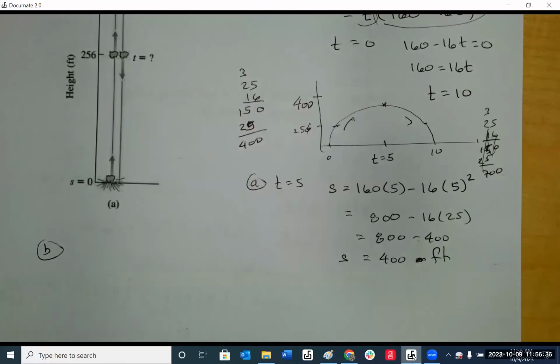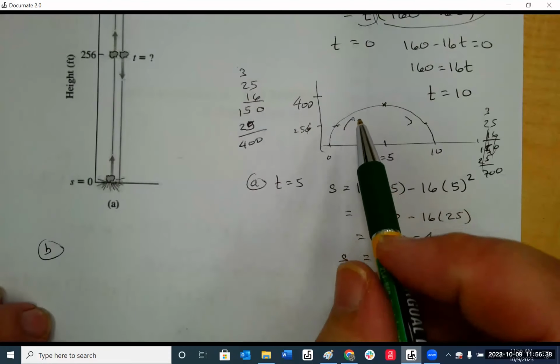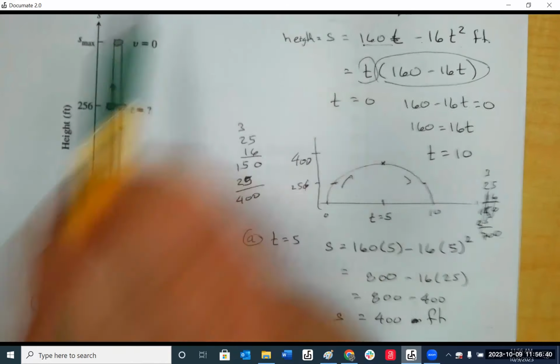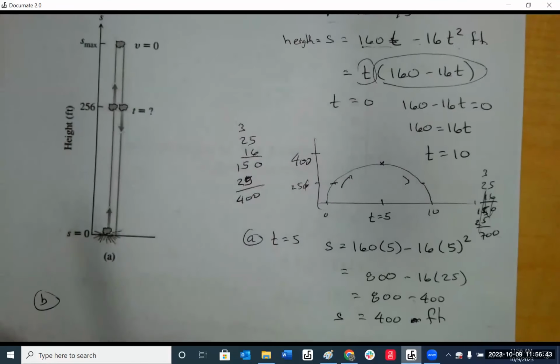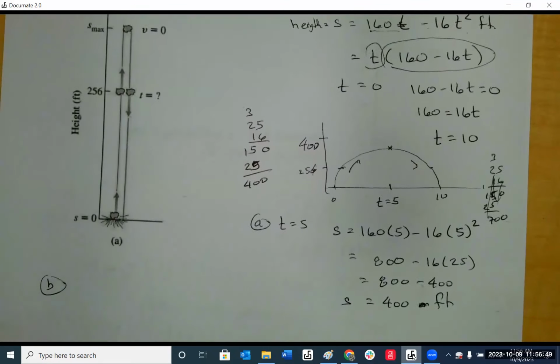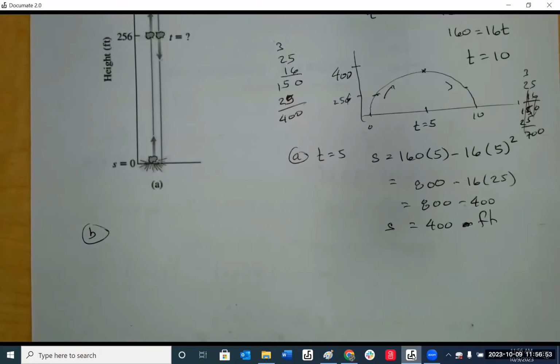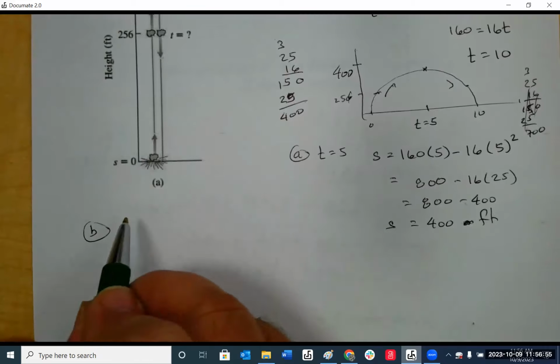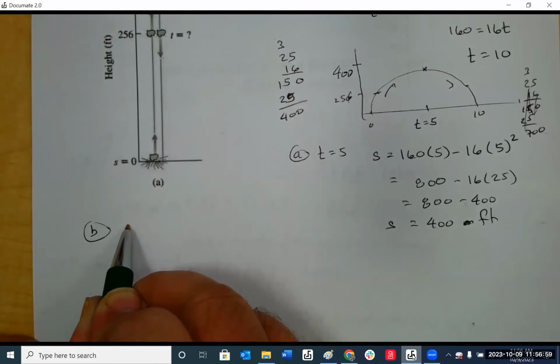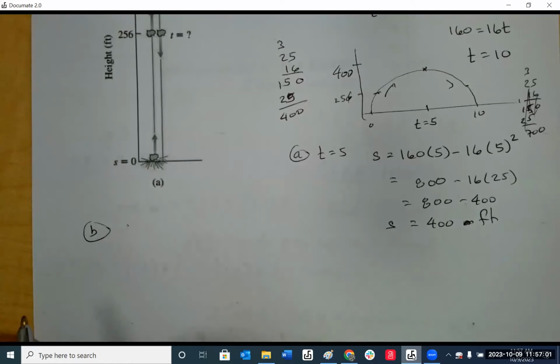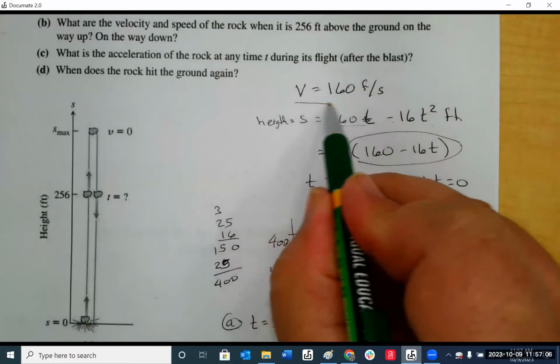So we have to first find the velocity and the speed.